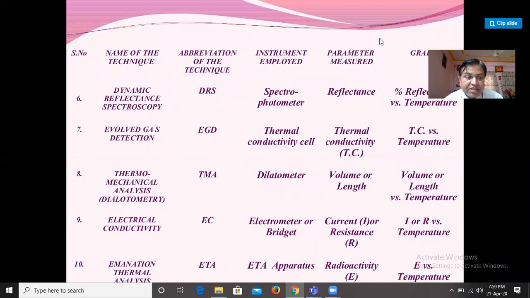Thermomechanical analysis, that is called dilatometry, TMA. A dilatometer is required for this. Electrical conductivity, we require an electrometer or bridge. Emission thermal analysis, here we require ETA apparatus.